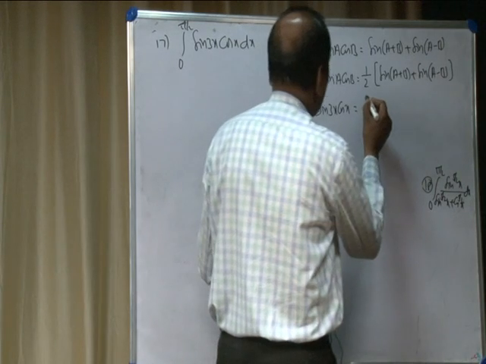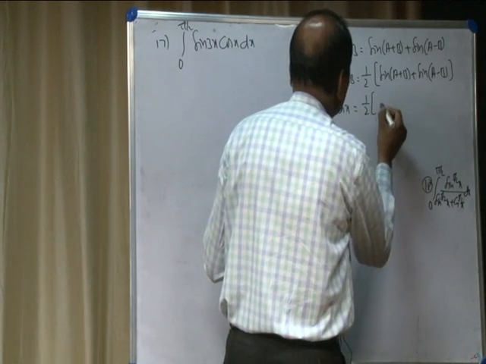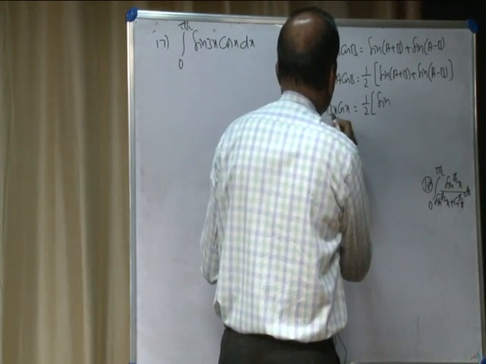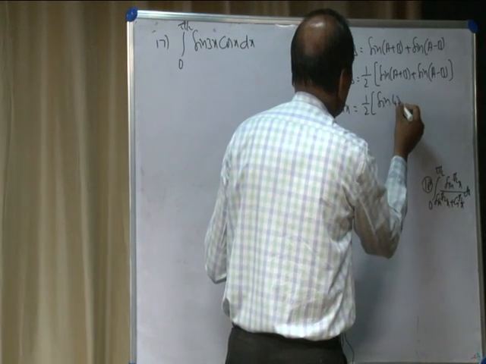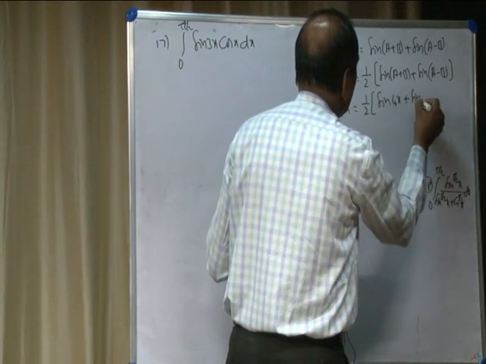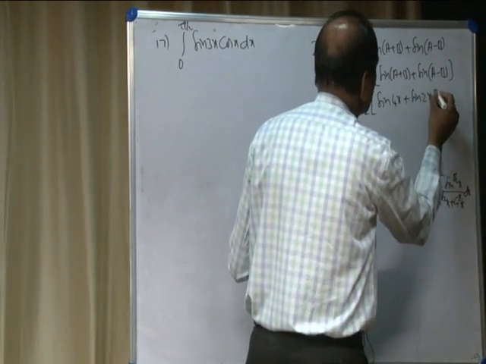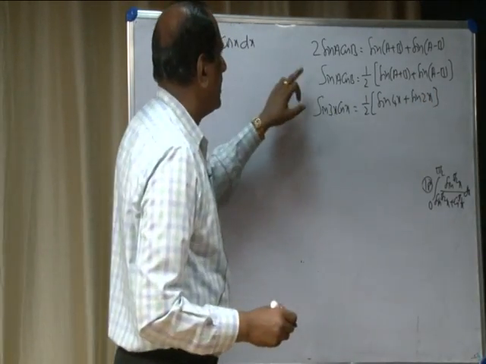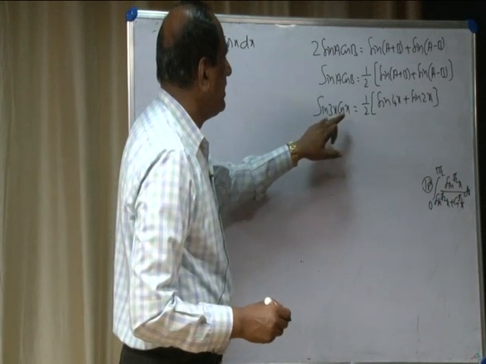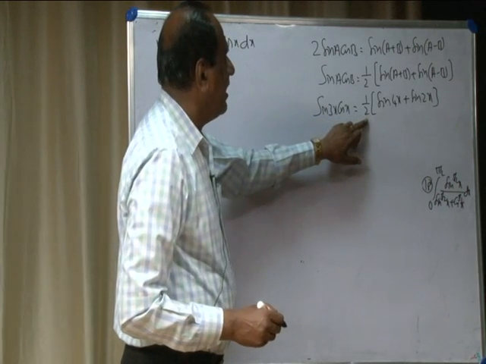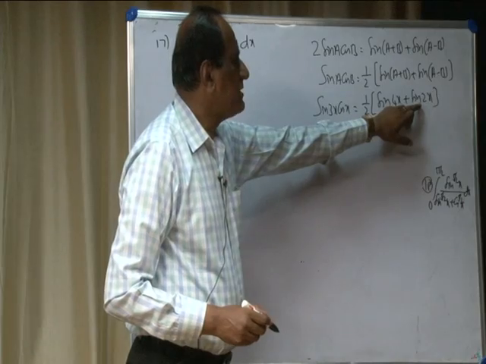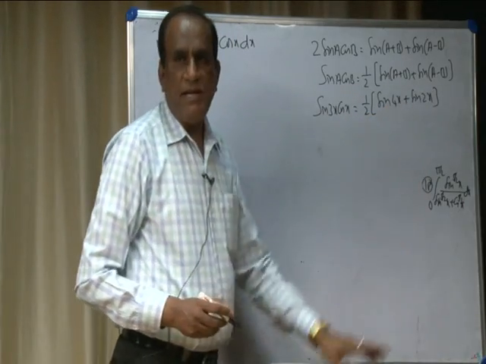Substituting in the formula, half into sin of A plus B, 3x plus x, 4x, plus sin of A minus B, 3x minus x is 2x. So sin 3x cos x is nothing but half into sin 4x plus sin 2x.